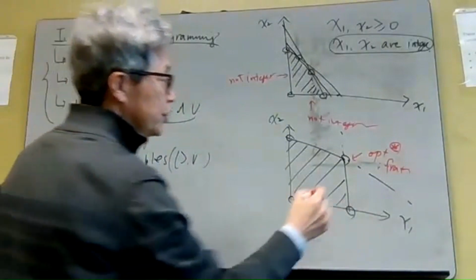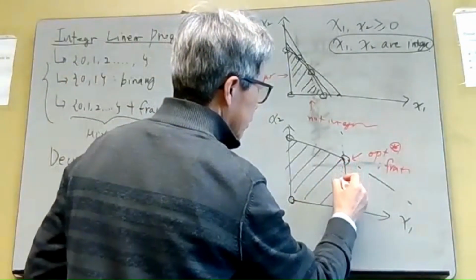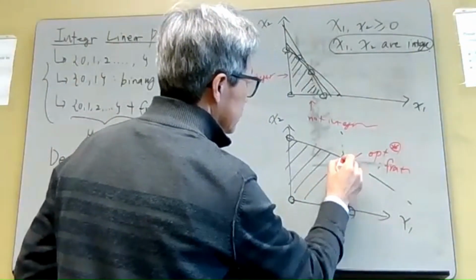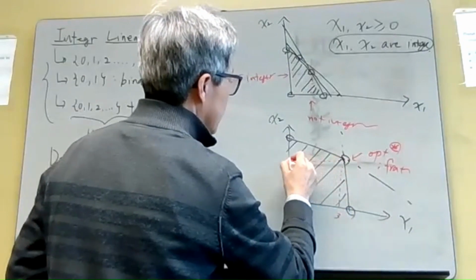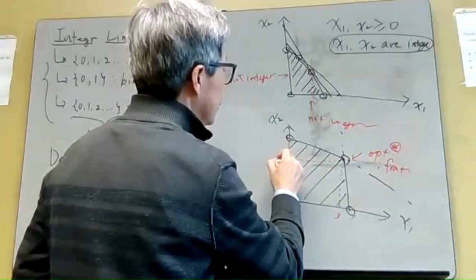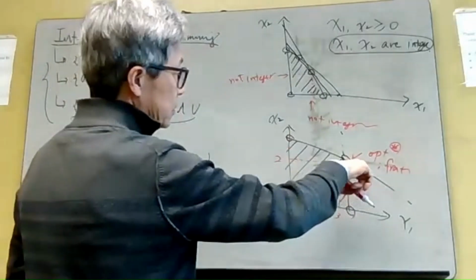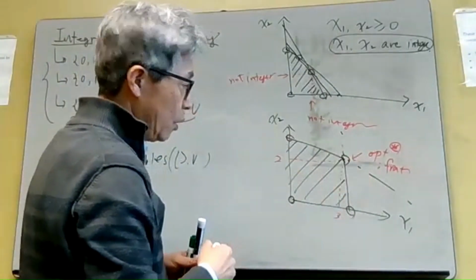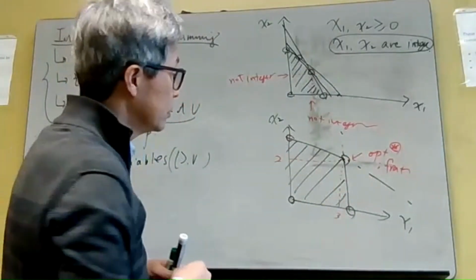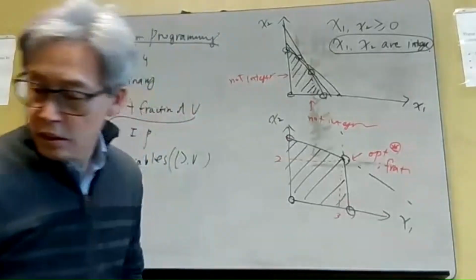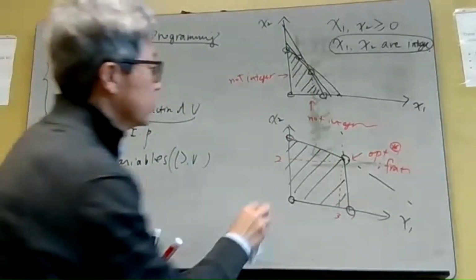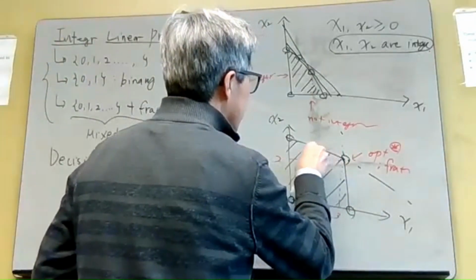Now to have integer solutions, and here is 2. Oh no, I got it wrong.